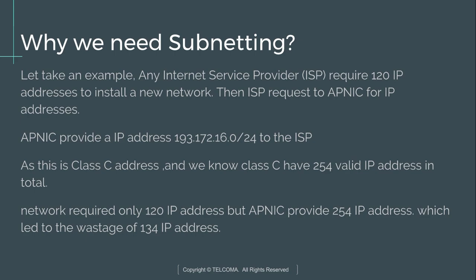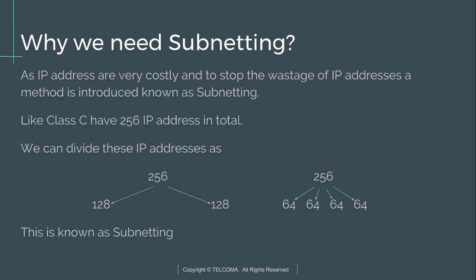So to stop the wastage, as these IP addresses are very costly, we introduced a method known as subnetting. As we're using a class C address, and a class C address has 256 IP addresses in total, for the subnetting of this class we will divide this IP address into 2 subnetworks.